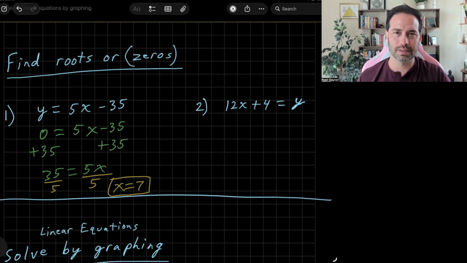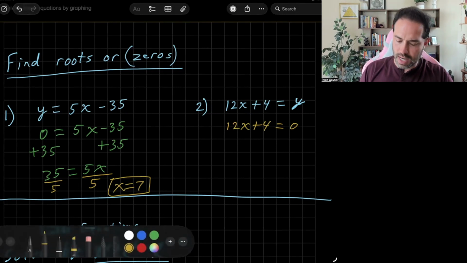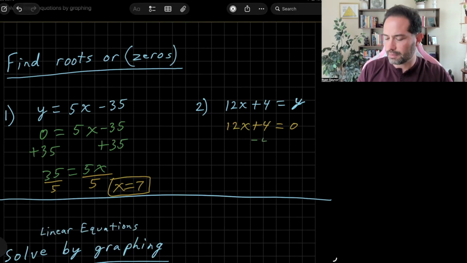X equals 7. Okay, let's do it one more time over here. So we have 12x plus 4 equals 0. So again, we're doing the opposite, right? So we subtract 4, because that was a plus 4 against the variable, right? 12x plus 4. So we have 12x equals negative 4.